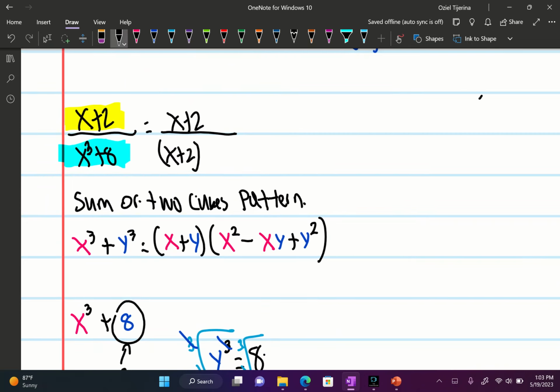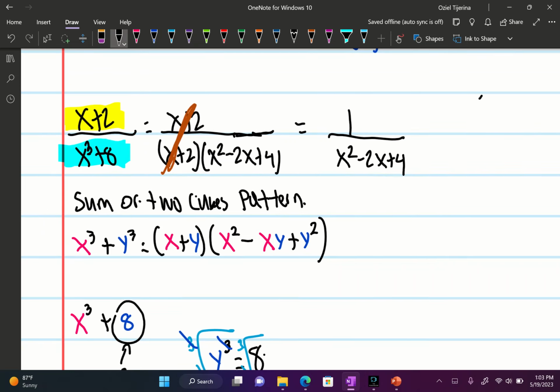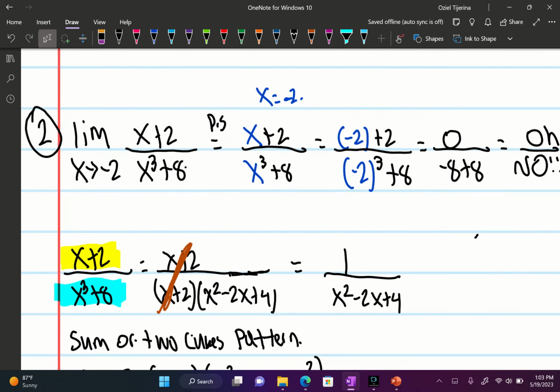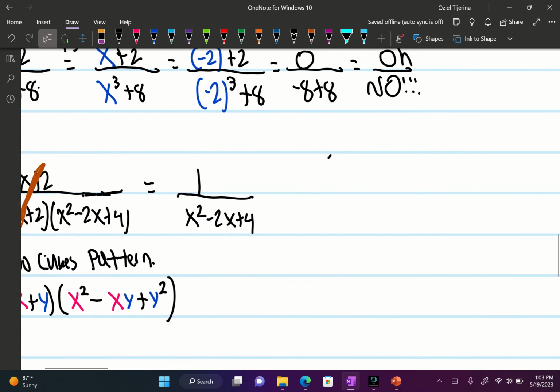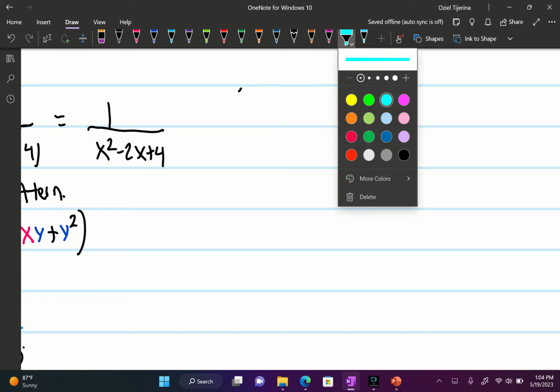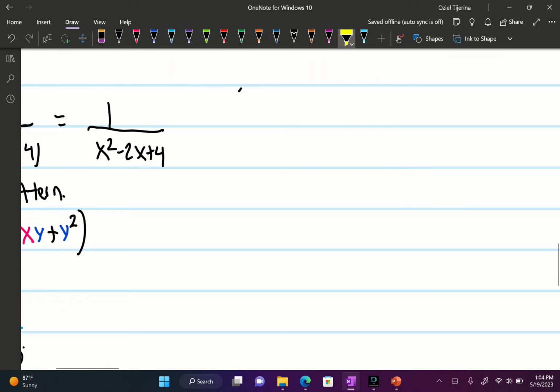Yeah, so now we know that these two cancel out, and I am left with 1 over x squared minus 2x plus 4. And if you remember from the problem, we are looking for the limit as x approaches negative 2, and this is our new algebraic expression.